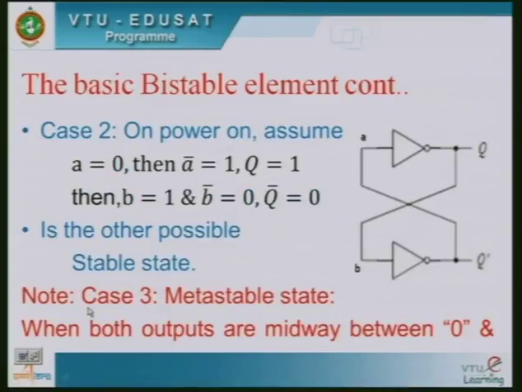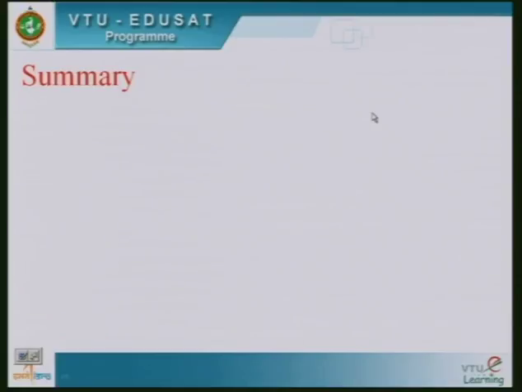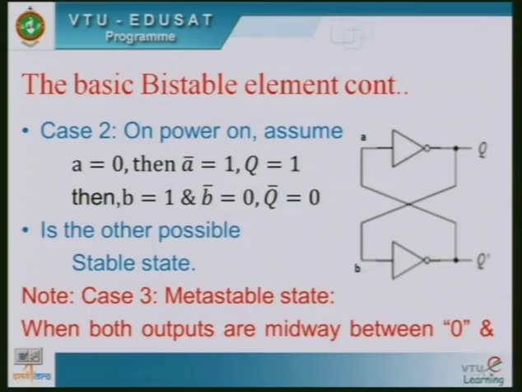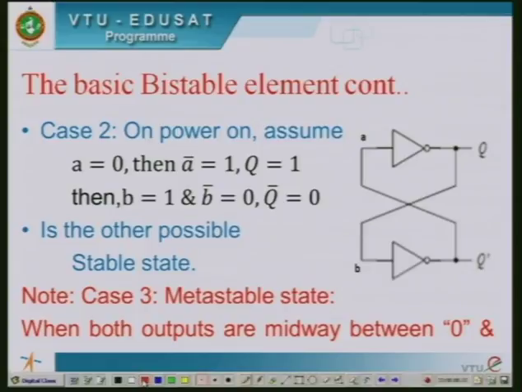with A 0, on power on A starts off with 0, then A bar is nothing but this position Q, that is what I have called A bar here. This A bar will become 1, and whenever this becomes 1, the same value is coming to this B, and Q bar becomes 0.